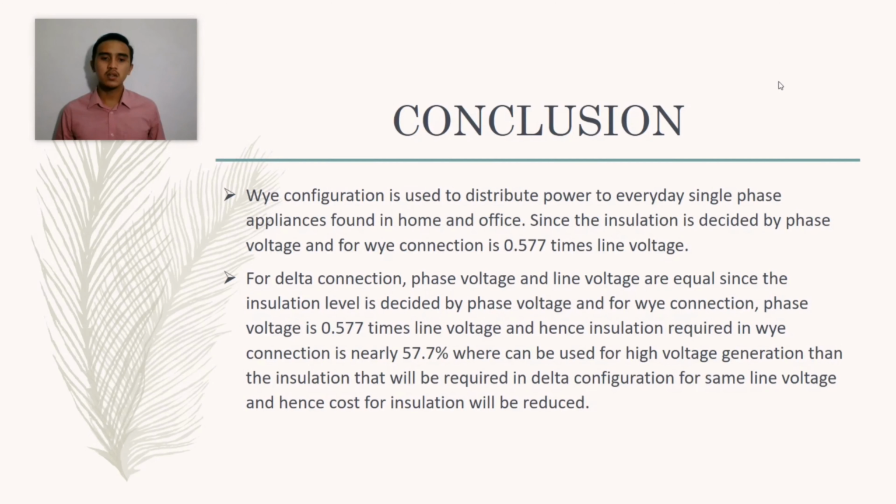For Y connection, phase voltage is 0.577 times line voltage, and hence the installation required in Y connection is nearly 57.7%, which can be used for high voltage generation, than the installation that will be required in delta configuration for the same line voltage, and hence the cost of installation will be reduced.